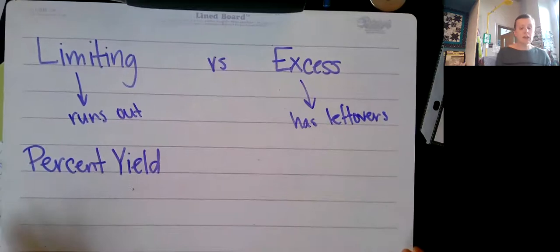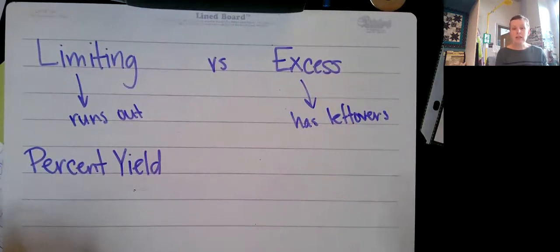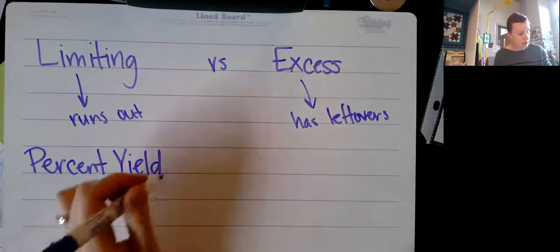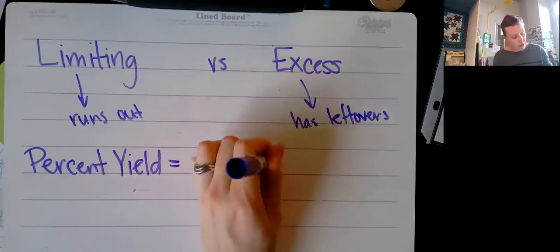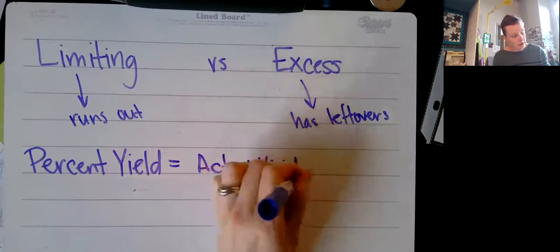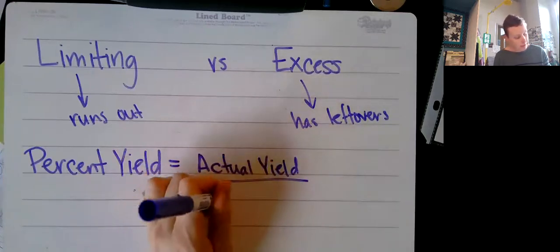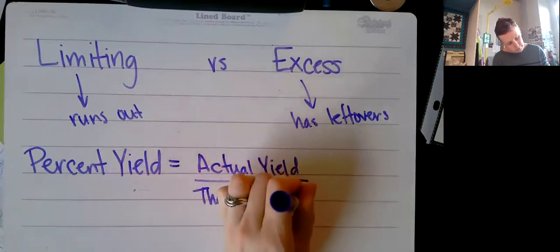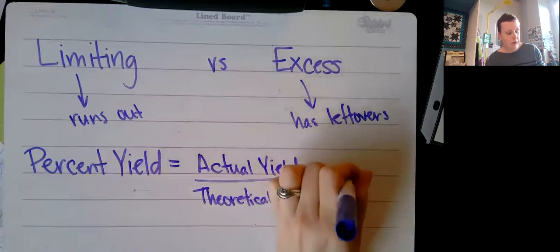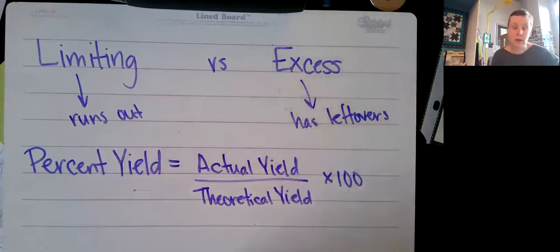Okay, percent yield. Our practice quiz says, what is percent yield used for? Well, let's just think about the formula for a second. Percent yield equals actual yield over theoretical yield times 100. We always multiply by 100 at the end to change something into a percent.